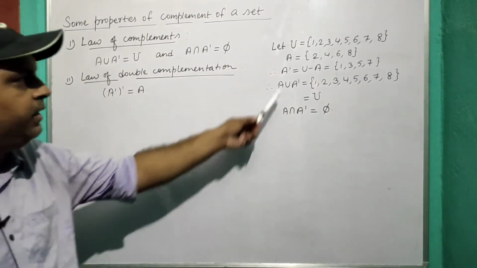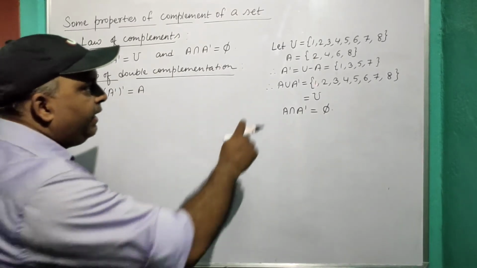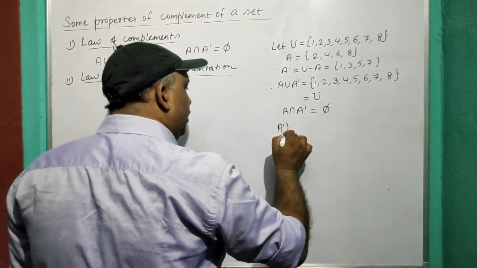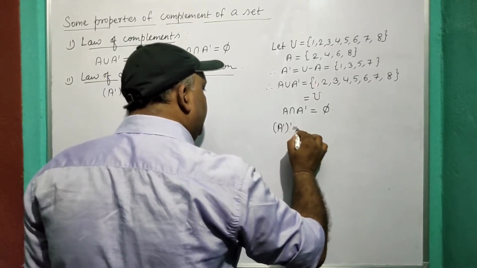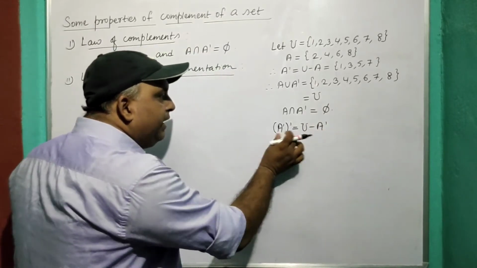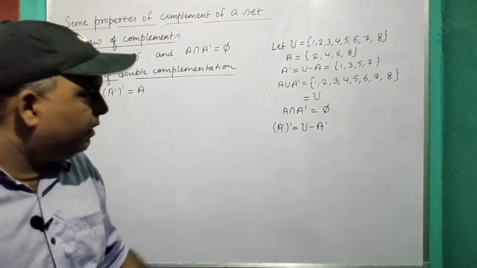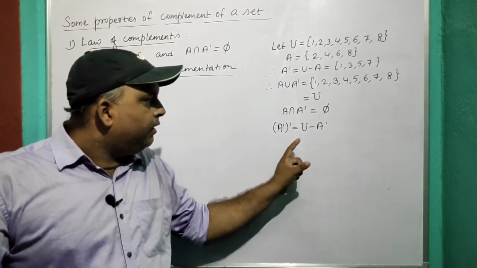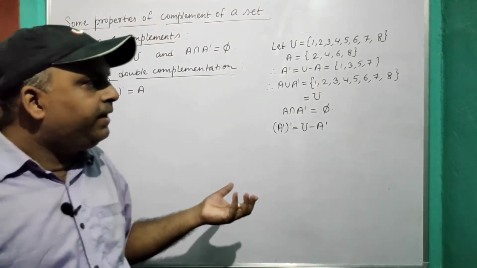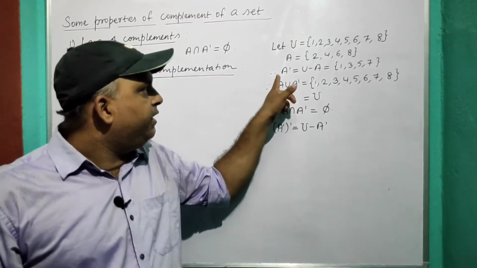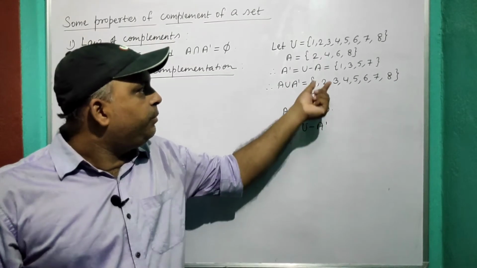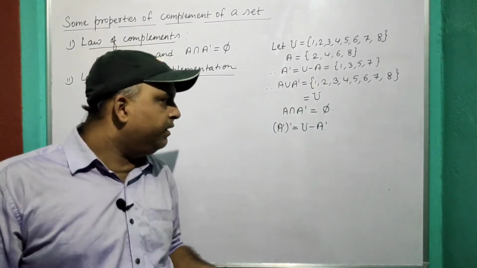Again you can see from here that A dash is 1, 3, 5, 7. So when you find the complement of this, it means you subtract this A dash from universal set, because this is your A dash. You know that whenever you find the complement of some set, you subtract it from the universal set. Like here, I found the complement of A, so I subtracted this A from the universal set.